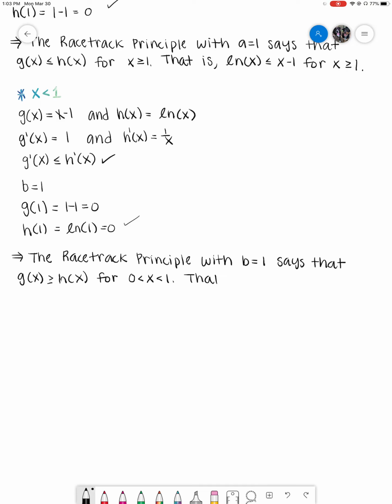That is, x minus 1 is greater than or equal to ln of x for x between 0 and 1. So great, we accounted for both pieces and got the same result both times. So this tells us that the natural log of x is less than or equal to x minus 1.